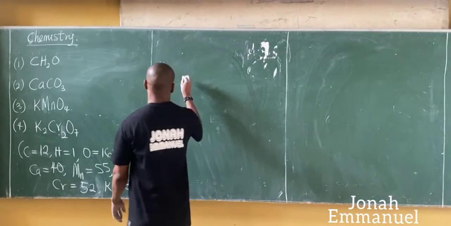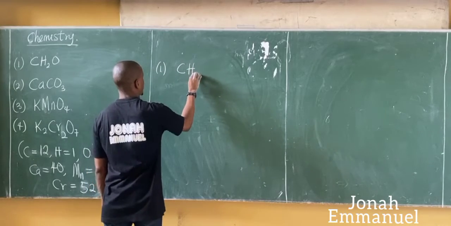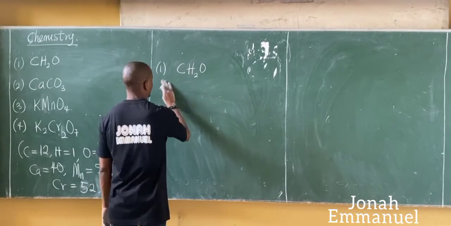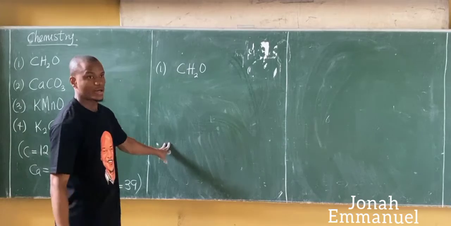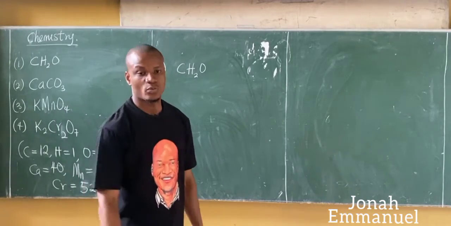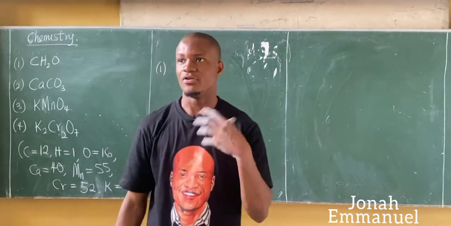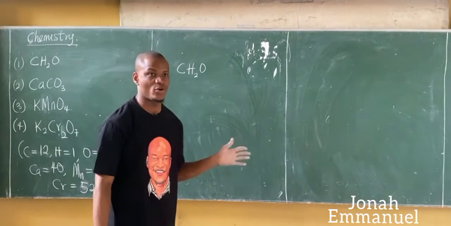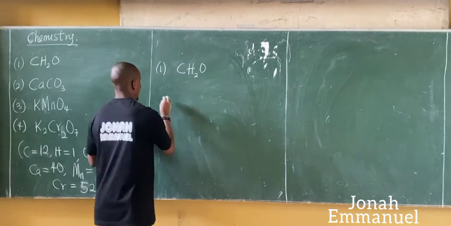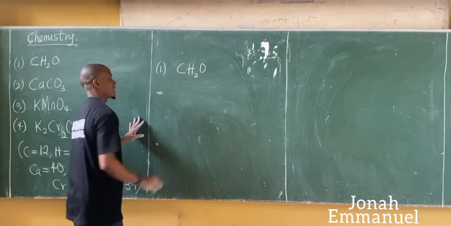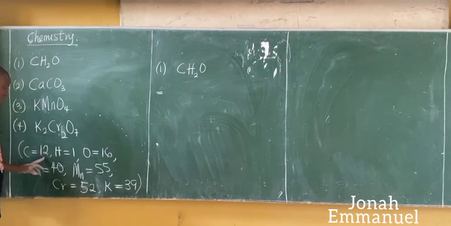I'm having this compound, CH2O. I'm asked to find the relative molecular mass of this compound. What do you do? It's as easy as this. Start with carbon: the relative atomic mass is 12.